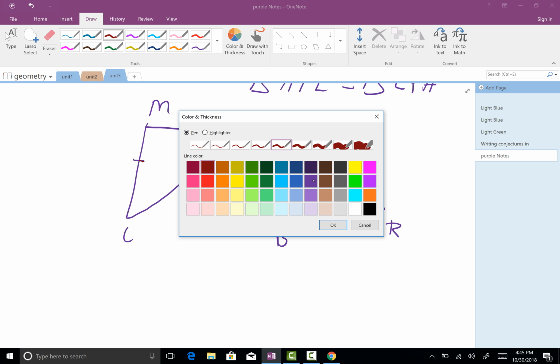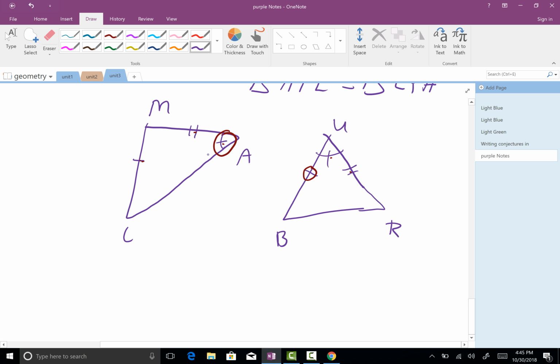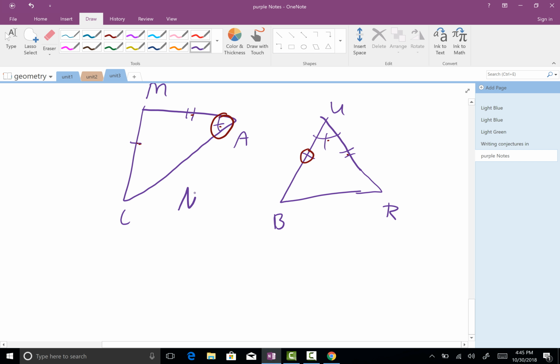So we have two triangles with the same parts marked: two sides and an angle. But they're not in the same order. That makes a difference. An angle, side, side and a side, angle, side are two different arrangements. So they can't be congruent. The answer to the question is no, because they have different arrangements of angles and sides. Those triangles are not congruent.